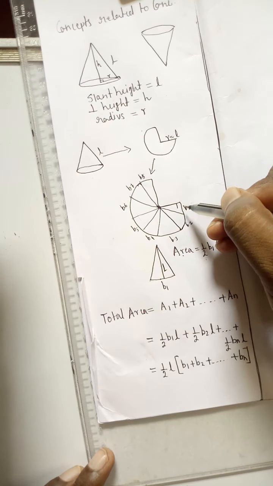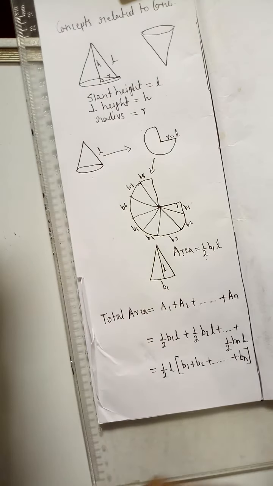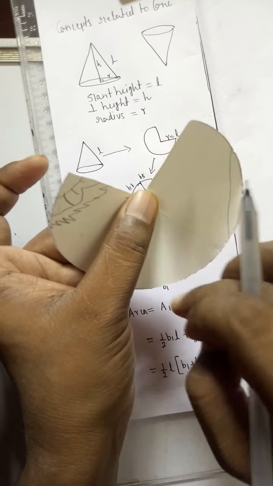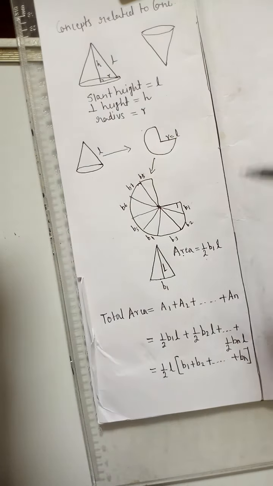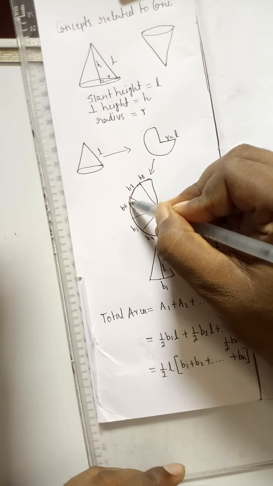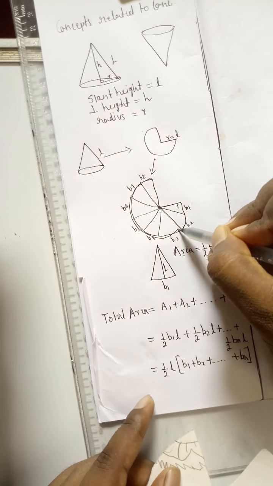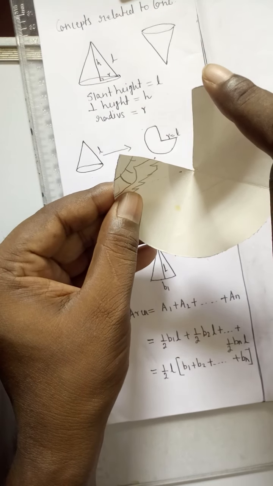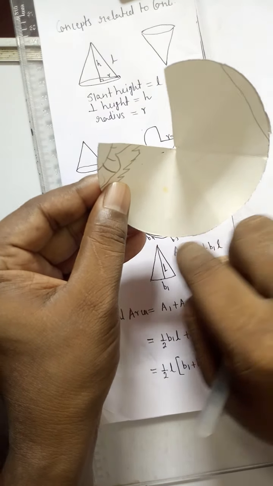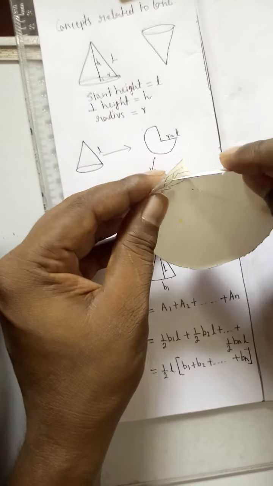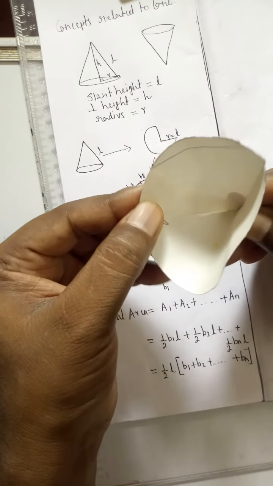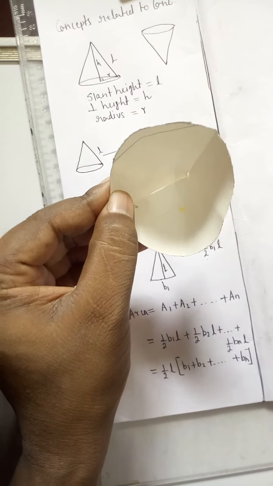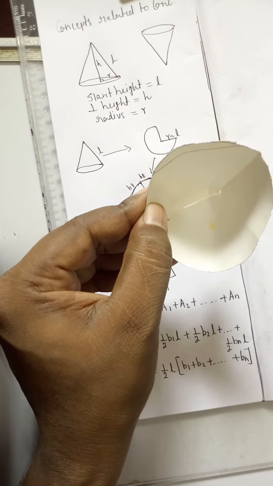So when I add all these B's, after adding them you get this edge, the sum of all B1, B2 up to Bn, and when I convert it back into a cone, the sum of all my B1, B2 up to Bn gives me the circumference of its base.